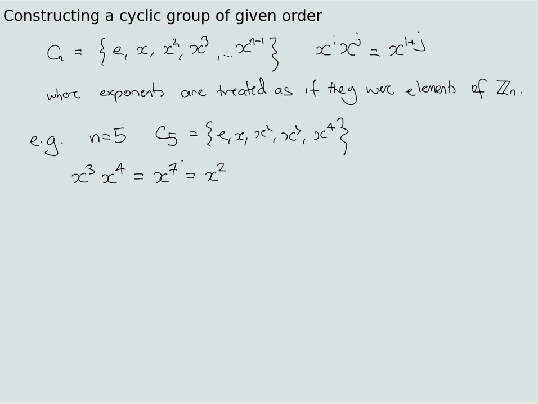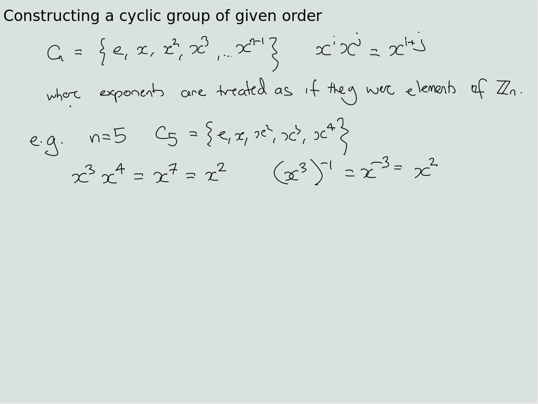So we're replacing the exponents by their remainder when you divide by 5. On the other hand, if I want to know the inverse of some of these group elements, so x cubed to the minus 1, that's x to the minus 3, and I can replace x to the minus 3 by its remainder when I divide by 5 if I want to see which element of this set it is. It's equal to x squared, like this.